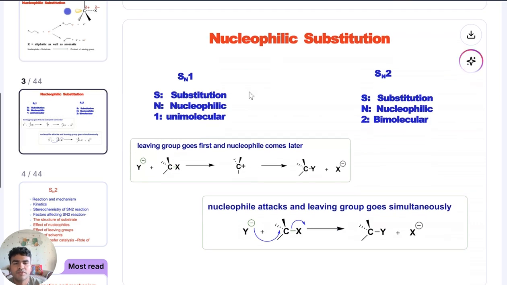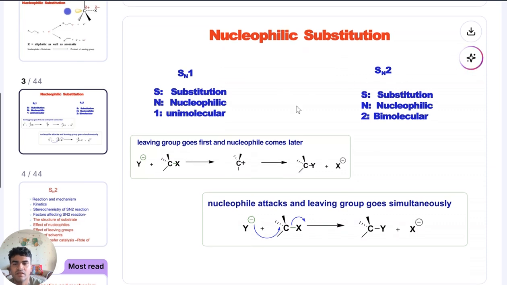The nucleophilic substitutions are of 2 types: SN1 and SN2. SN1 is substitution nucleophilic unimolecular and SN2 is substitution nucleophilic bimolecular. This 1 and 2 come from practical experiments. So this is the first order reaction and this is the second order reaction.